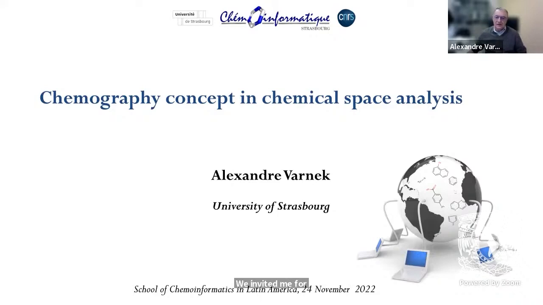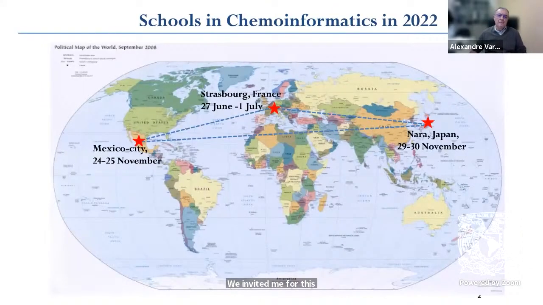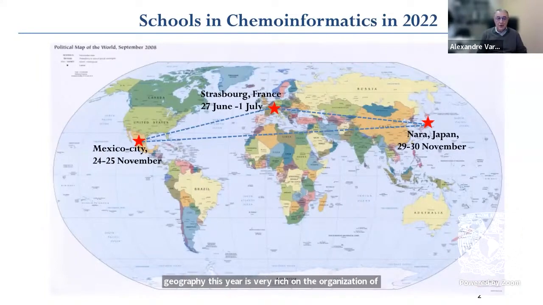This year I will start with geography. This year is very rich on the organization of various schools in cheminformatics. It shows the importance of our field. So the first school was held in Strasbourg last summer.